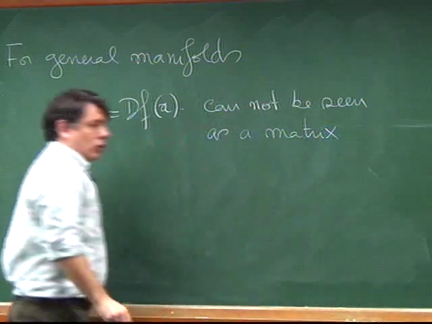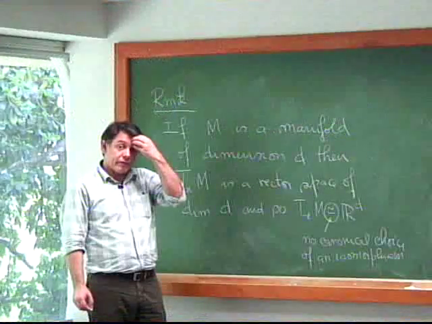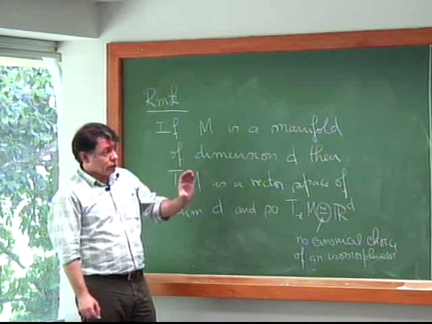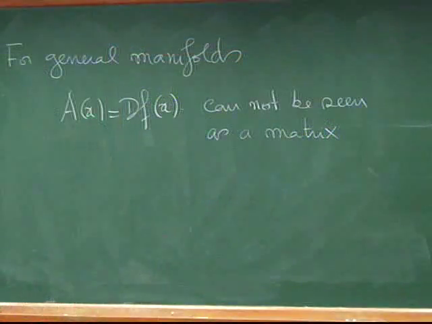There's no canonical choice of a basis. When you go from a linear map to a matrix, you have to choose a basis. In the torus, there's a canonical choice of a basis, but not in general manifolds. For example, not in the sphere.